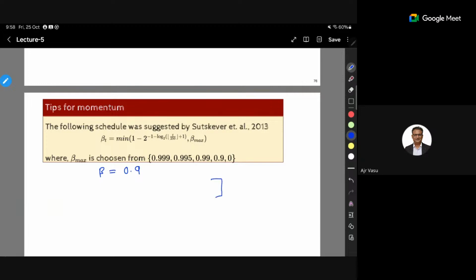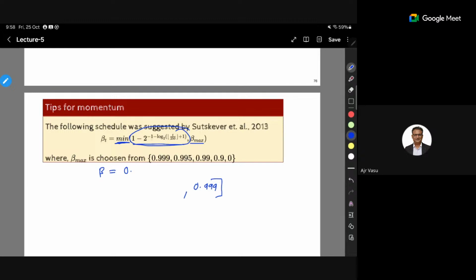So in this case, what's actually happening is we are taking the minimum of beta max and this term, and you can choose any value here. Let's say I choose 0.999 and I'm taking the minimum of that. So unless this value is higher than 0.99, I'll always end up taking this guy, right?